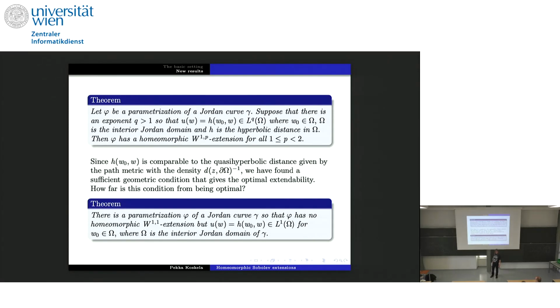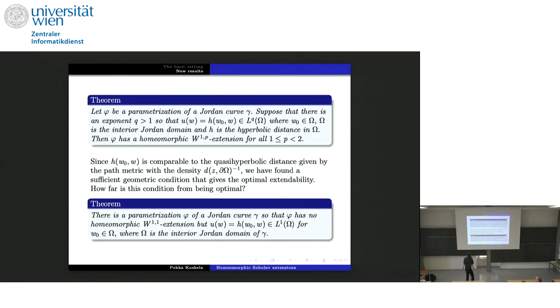Yes, I can cook up such an example. So now what I'm doing with my student is trying to analyze where this breaks down. So assume that H is in L^1. What is the additional condition you have to put so that you can extend? Can you prove that that condition is if and only if, right? I don't see any hope in this, but I have sort of a conjecture of what could be true, but I have no idea yet how to approach my conjecture.